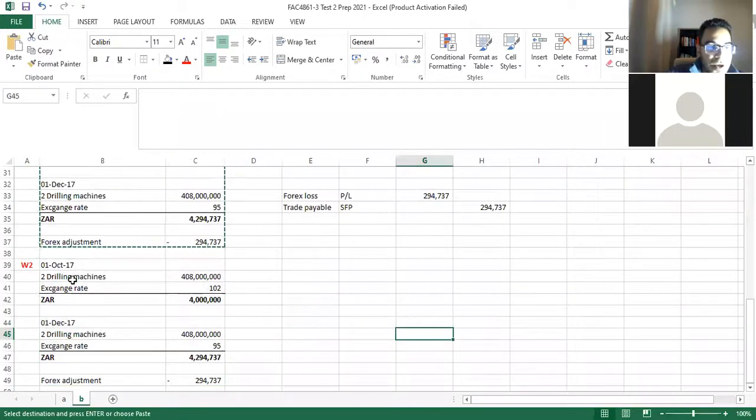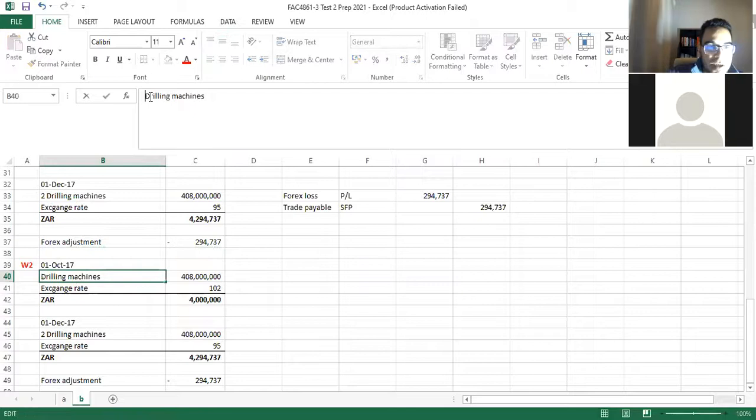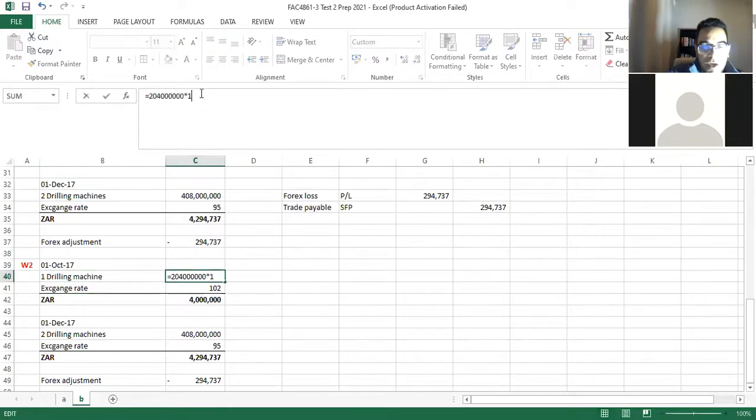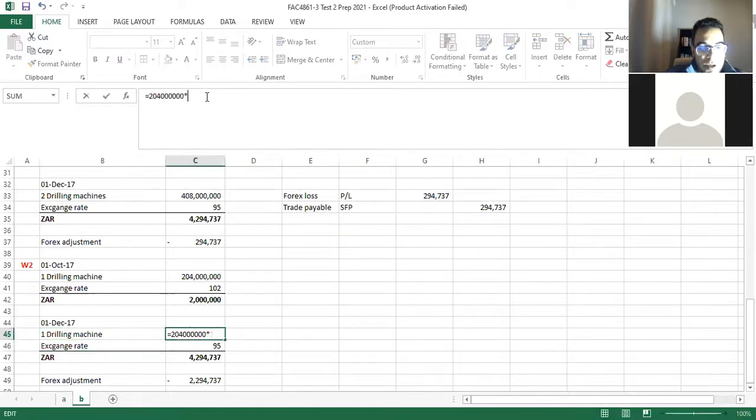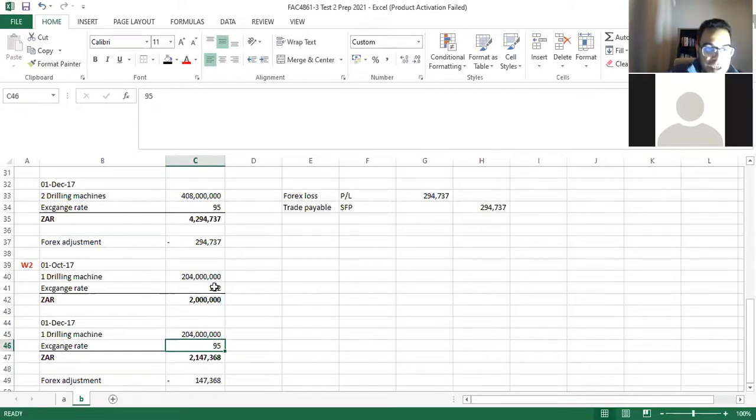I'm dealing with the 1 drilling machine, so we only need 1 over here. So we have 2 million. Okay. So multiply by 1. What's going to happen?